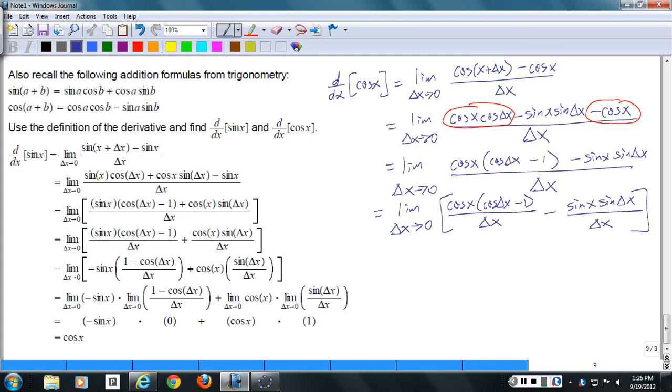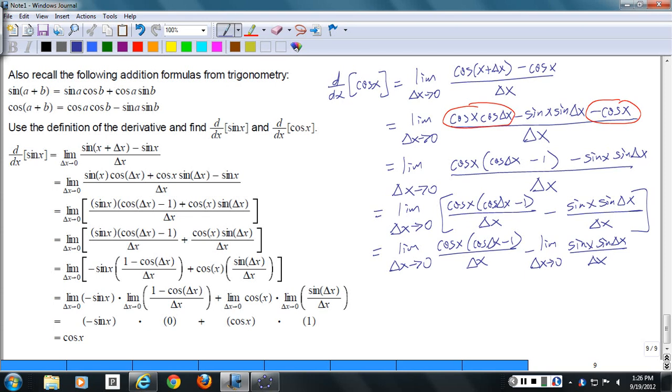Regardless of whether the limit exists or not, it's a valid way to rewrite that fraction, breaking apart and keeping the denominator delta x. Now I want to say what I was going to say. If I believe the limits exist, then the limit of the difference is equal to the difference of the limits. So I can say this equals the limit as delta x approaches 0 of cosine x times cosine delta x minus 1 over delta x minus the limit as delta x approaches 0 of sine x sine delta x over delta x.